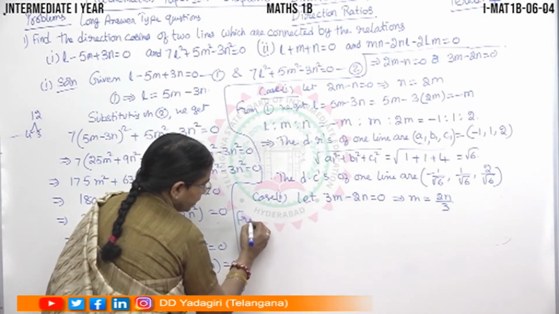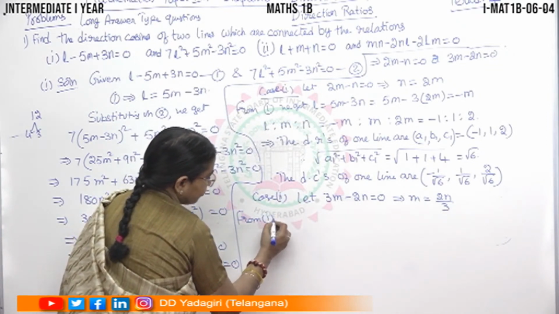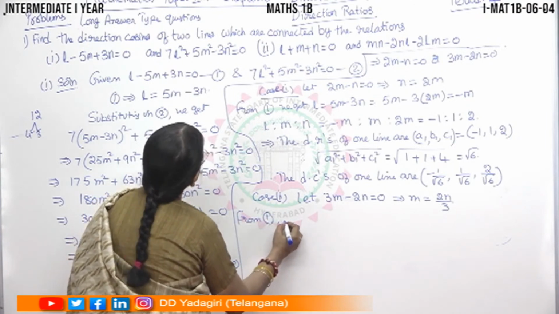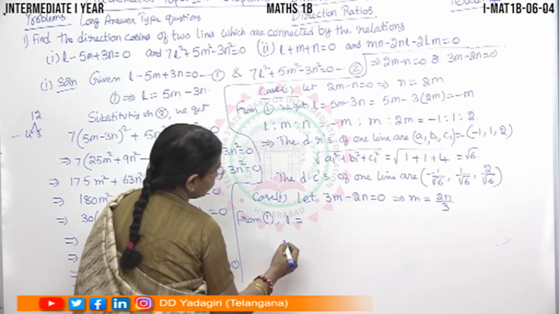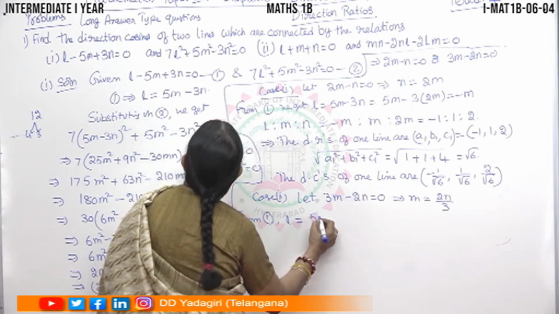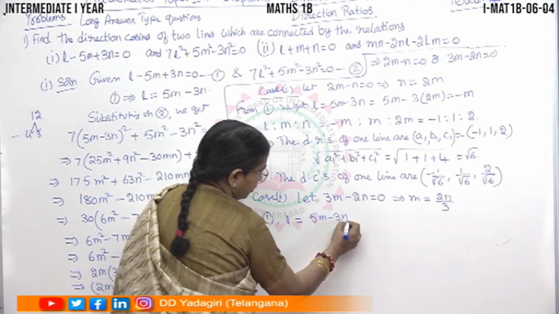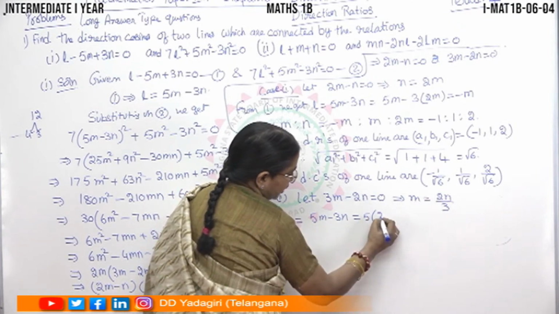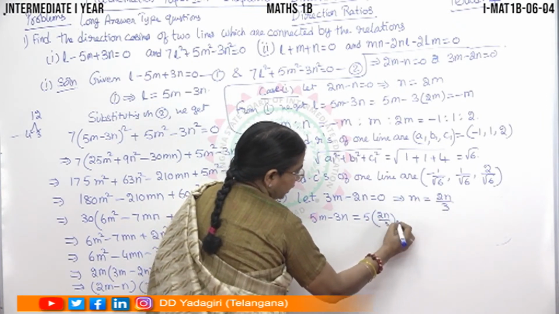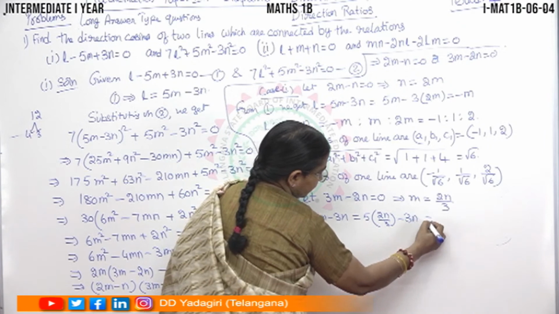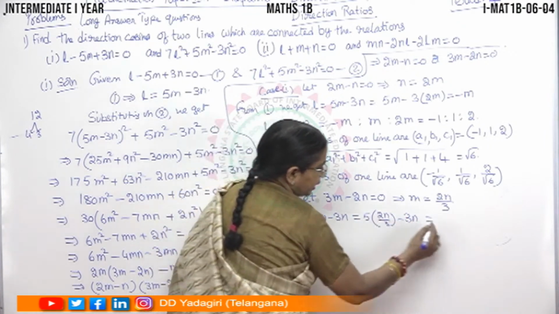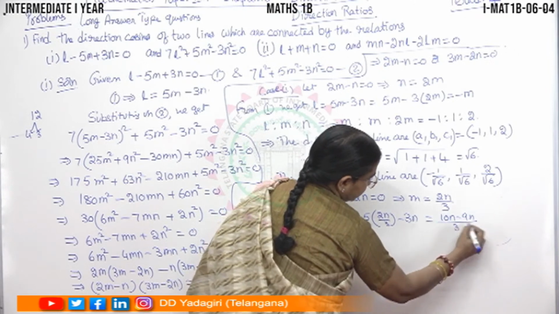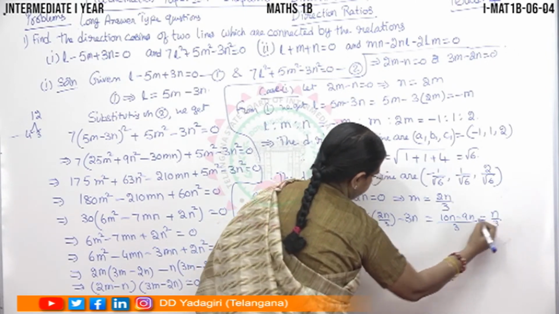Now again from equation 1, we get L is equal to 5m minus 3n. So 5 into m is 5 into 2n by 3 minus 3n. So this is 10n minus 9n by 3. So that is n by 3.